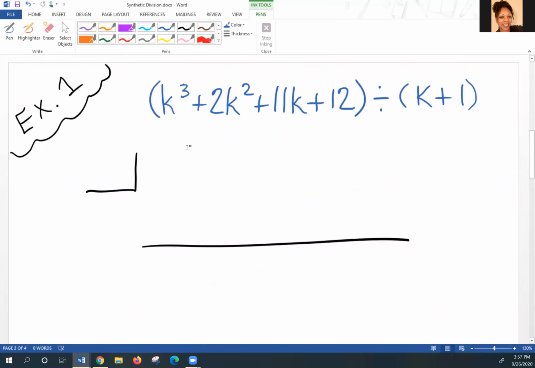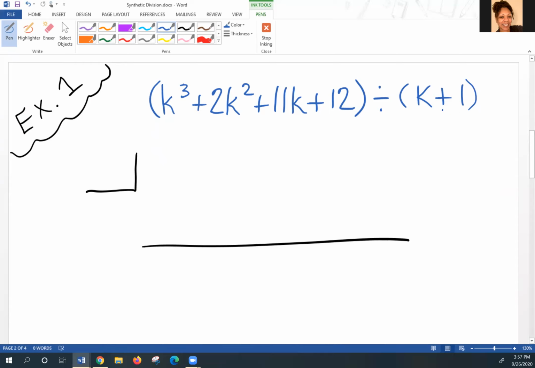The first thing I do is set up my backwards L, which is where my divisor is going to go, and then I draw a line underneath it. So my divisor, again, is after the division sign. My dividend is what's before the division sign. So make sure you recall the terminology.